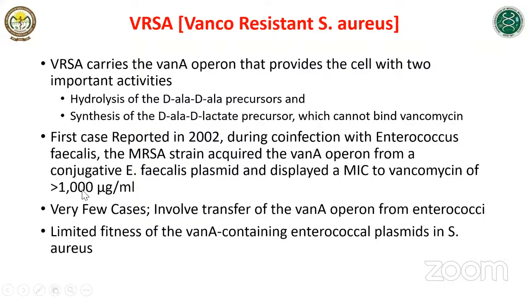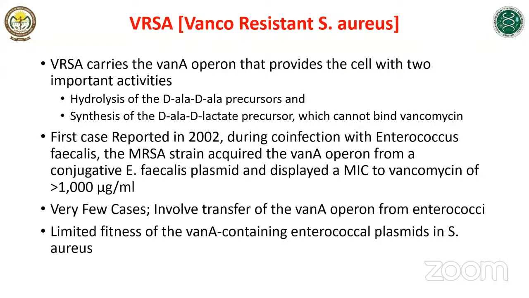Coming to the frank VRSA. VRSA carries the VAN A operon, very similar to the VAN A that we see in Enterococcus also. The VAN A operon provides the cell with two important activities. One is the hydrolysis of the existing D-alanine precursors, which are the normal components of the cell wall.